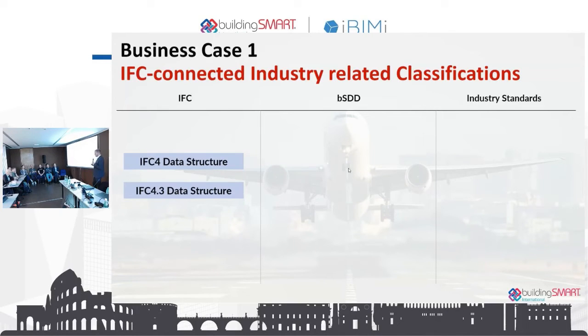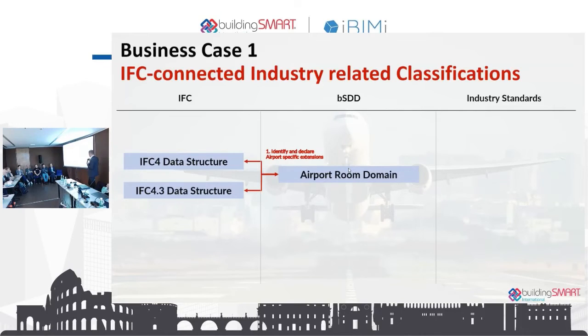At the beginning, we used only IFC4 as the core data structure. At the end, we switched to IFC 4.3 because it delivers much more precise declarations we could use for our purpose. Those things will at the end be transmitted directly into the bSDD because that's the basic place where we want to distribute all of these amendments.